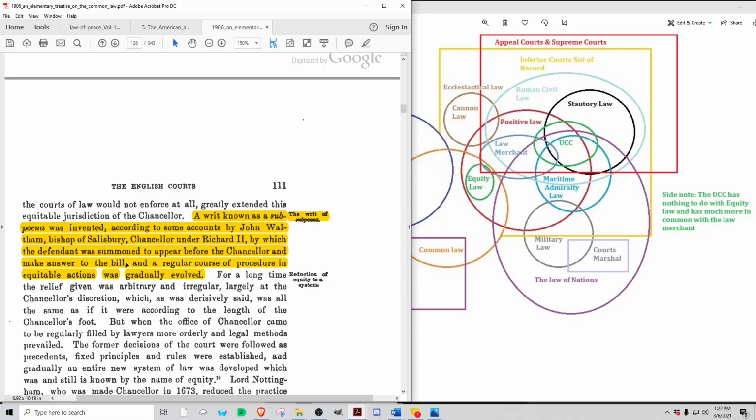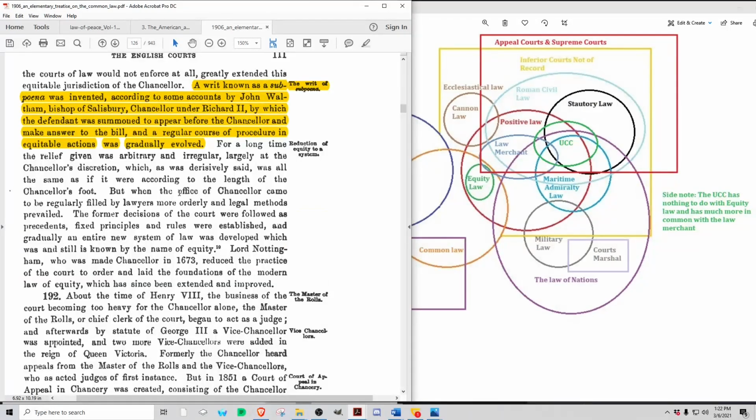Anybody see a problem here? Anyway, by which the defendant was summoned to appear before the chancellor and make answer to the bill, and a regular course of procedure in equitable actions was gradually evolved. That was the priests of Baal taking back over the courts for themselves.